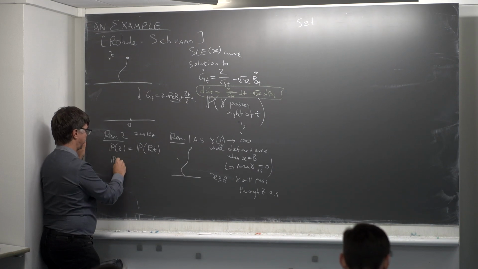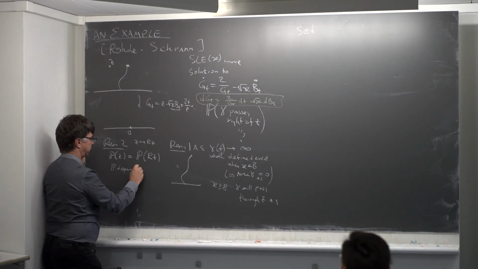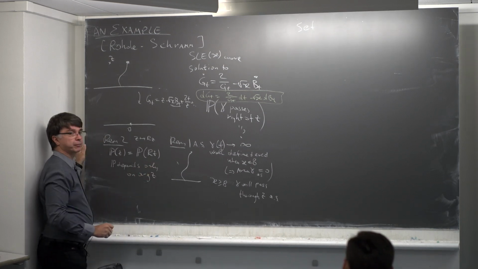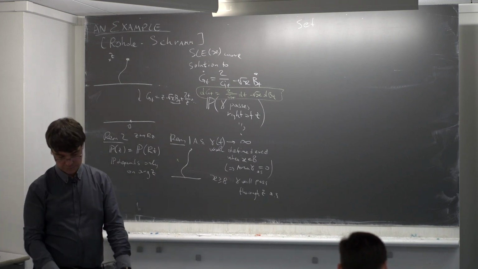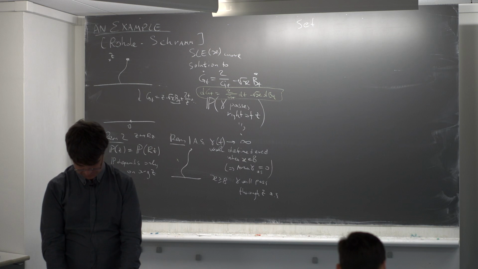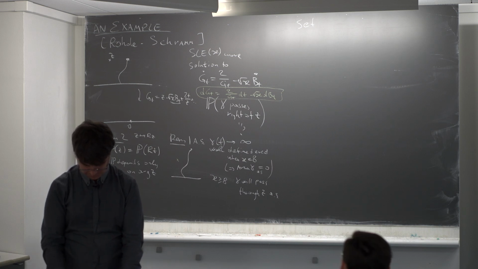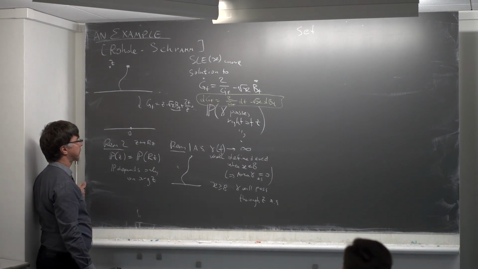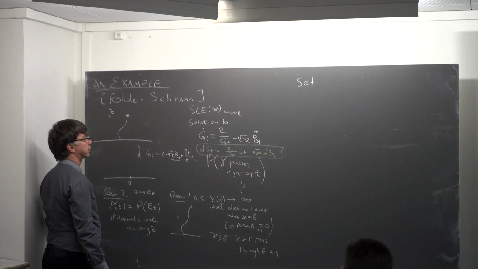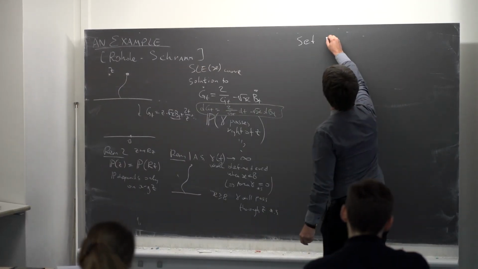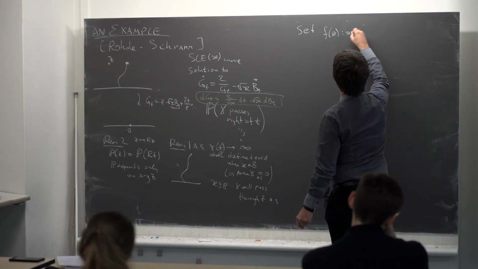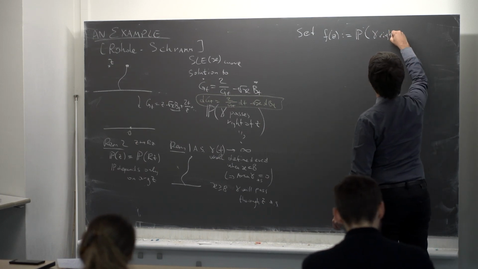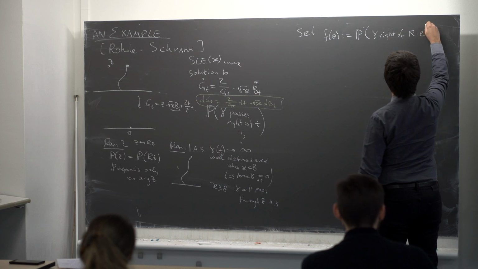So this probability depends only on the argument of z. So let's set a new function f of theta to be the probability that gamma is right of the point r e to the power i theta.